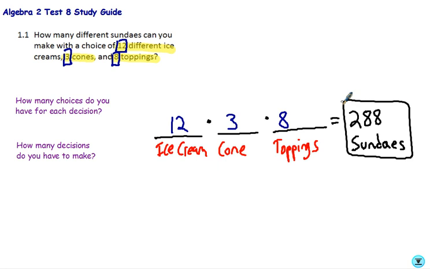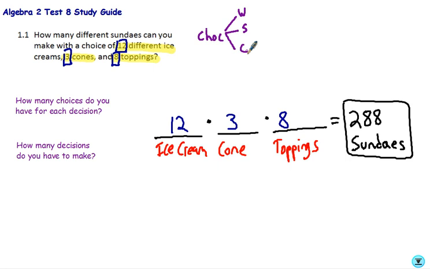You may have seen something like this in middle school where you did a tree diagram, which is another way you could solve this, but the problem is it ends up being a lot of work. For instance, let's say the first flavor is chocolate, and then I've got a choice of 3 different kinds of cones. Maybe I do waffle, maybe sugar cone, maybe a cup.